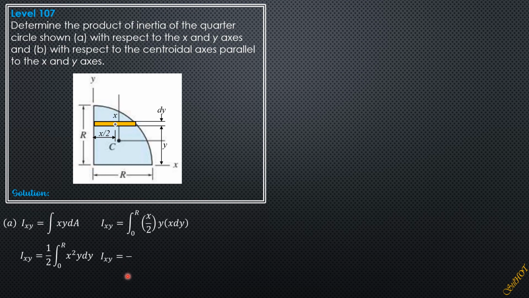So Ixy equals 1/2 integral from 0 to r of r squared minus y squared times y dy. So Ixy equals 1/2 of quantity integral r squared y minus y cubed dy. So by integrating, Ixy equals 1/2 quantity r squared y squared over 2 minus y to the 4th over 4, from 0 to r.